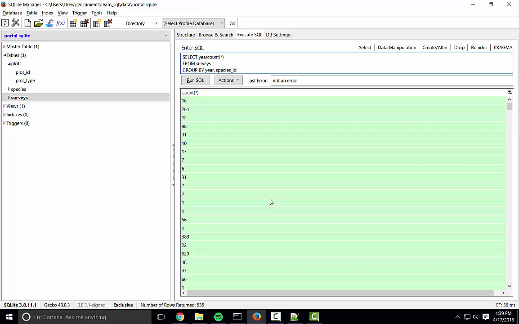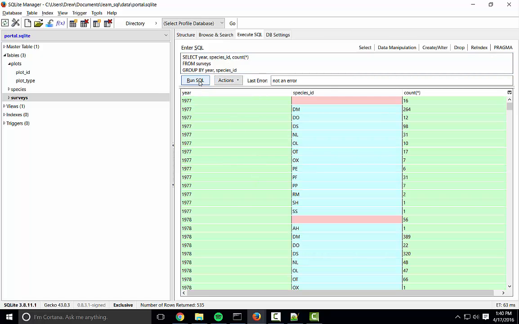Let's add year and species ID to the select clause so that I can actually see what's going on. There we go. Now we can see which row corresponds to which species in which year.